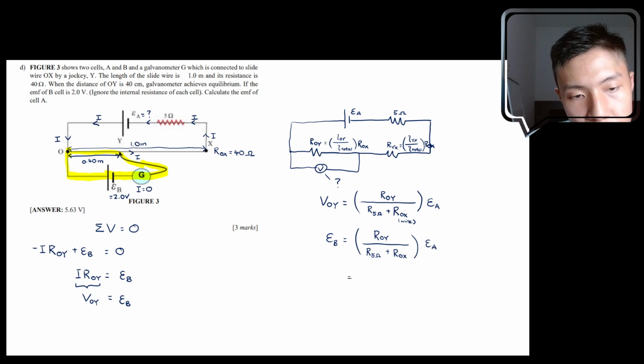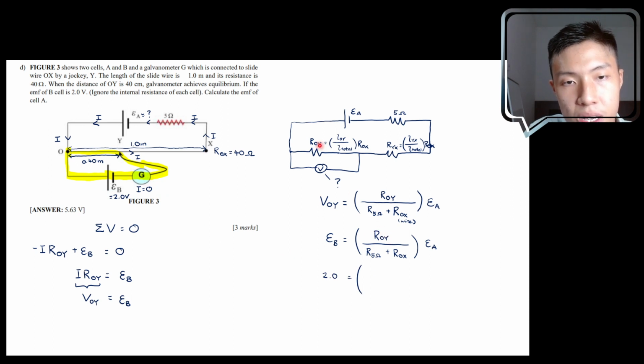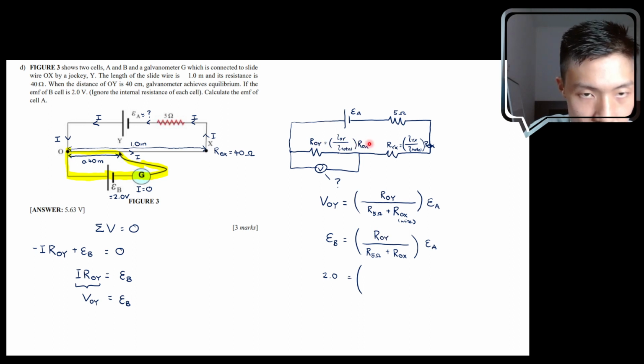Okay, you know that ROX over here is 40 ohm, and you know that ROY over here can be determined through this relationship over here. So now everything can be substituted already. So epsilon B, which is given over here, is 2 volt. ROY over here is 40 cm divided by 100 cm times ROX, which is 40 ohm.